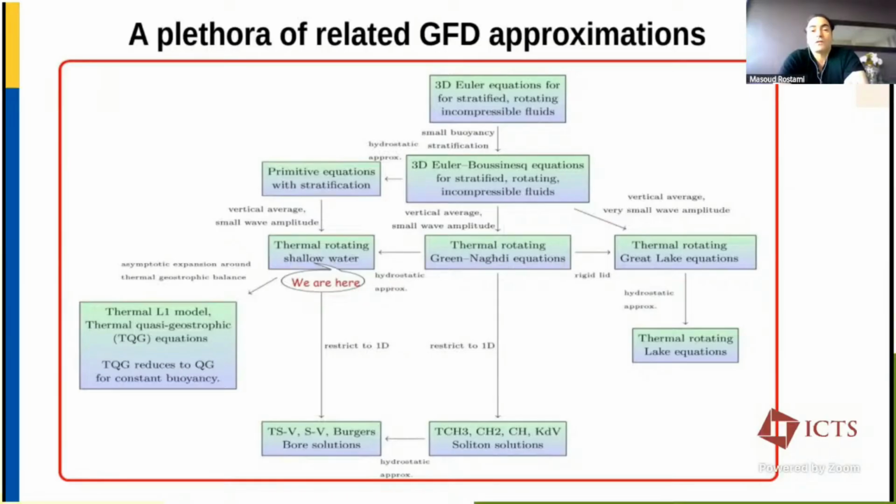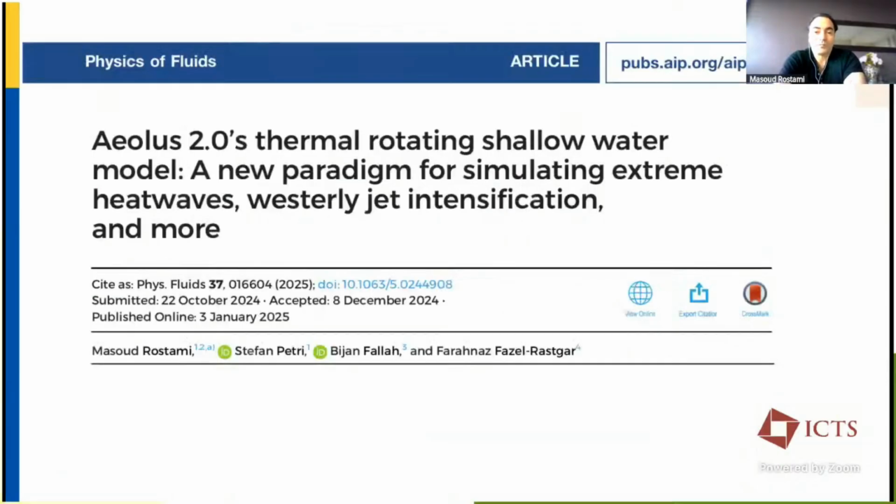So we deal with something very interesting, and on the other hand, complicated because of what's going on for conservation laws. So we are here in the thermal rotating shallow water system.